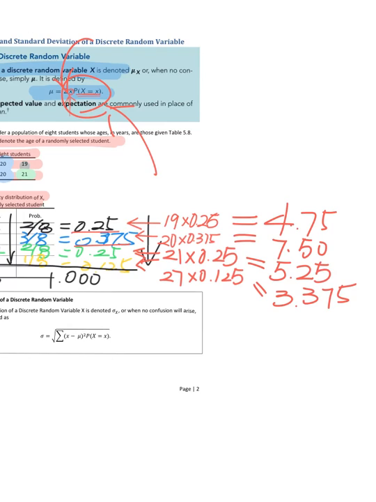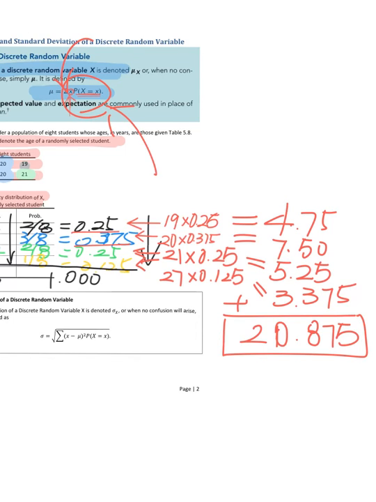And then take the sum, please. 4.75 add 7.50 add 5.25 add 3.375. How much would be the sum? 20.875.